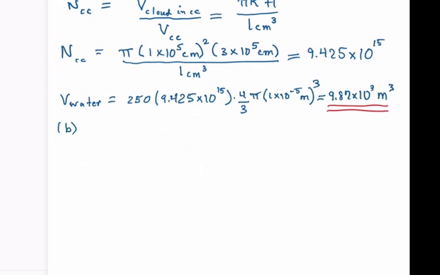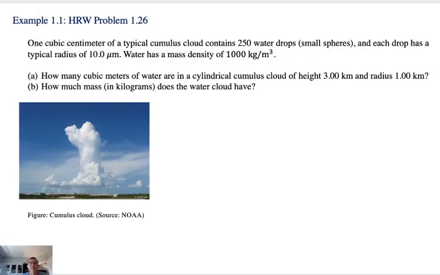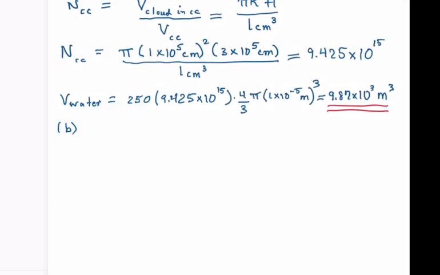Now, part B follows pretty quickly here. Let me go back to it and read it to you. B, how much mass in kilograms does the water cloud have? Okay, I know the volume of the water, 9.87 times 10 to the 3 meters cubed. Please remember I was given the mass density of water, the mass per unit volume, 1,000 kilogram per meter cubed.